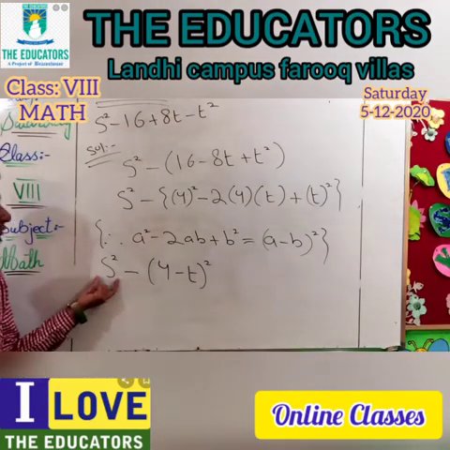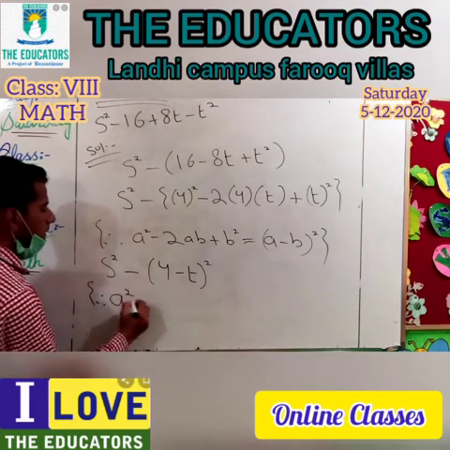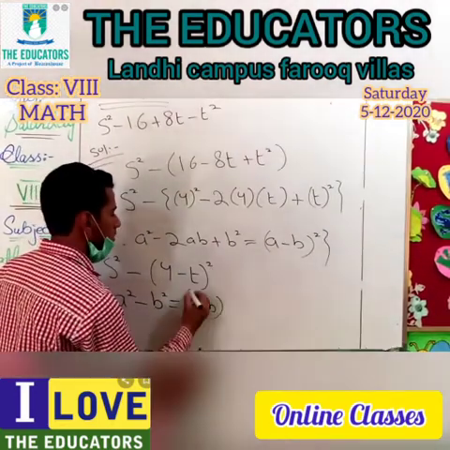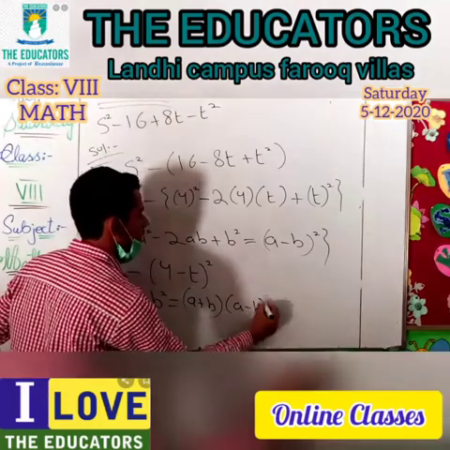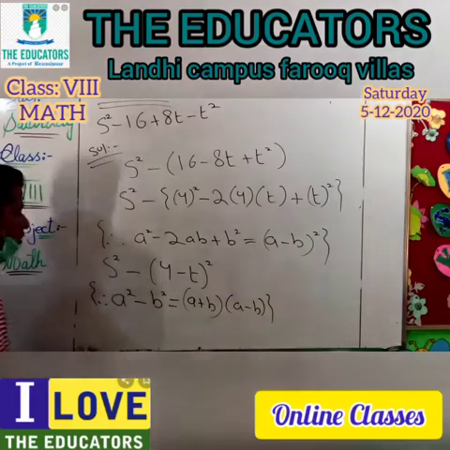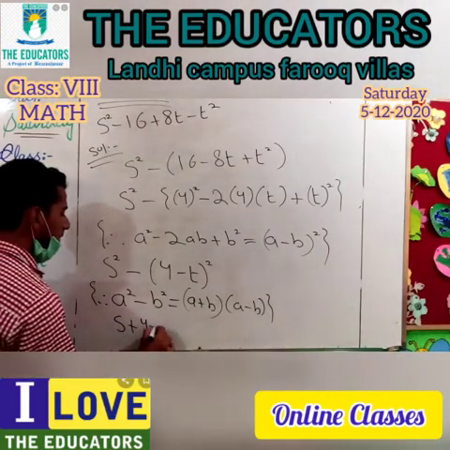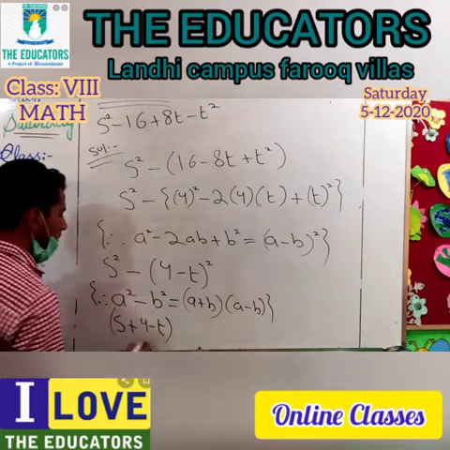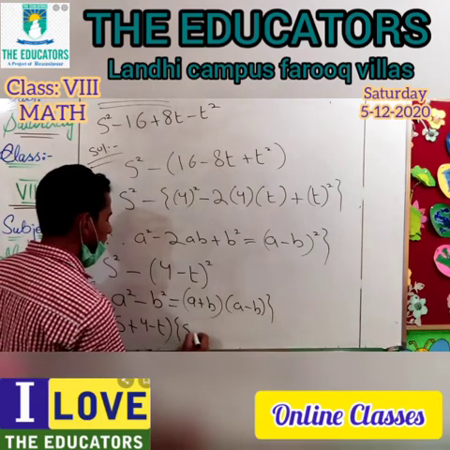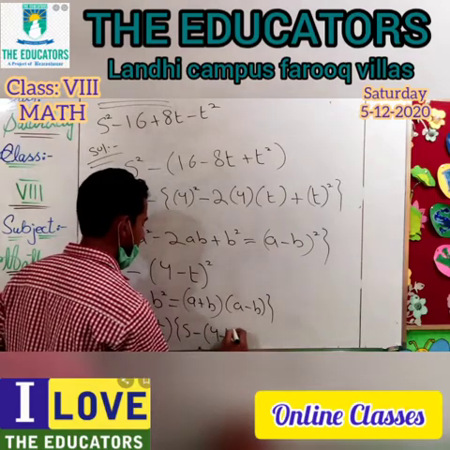Now a square minus b square, we know that it is equal to a plus b into a minus b. Here a is s and b is 4 minus t. By using this formula we get s plus 4 minus t, and in place of a minus b we have to write s minus 4 minus t.